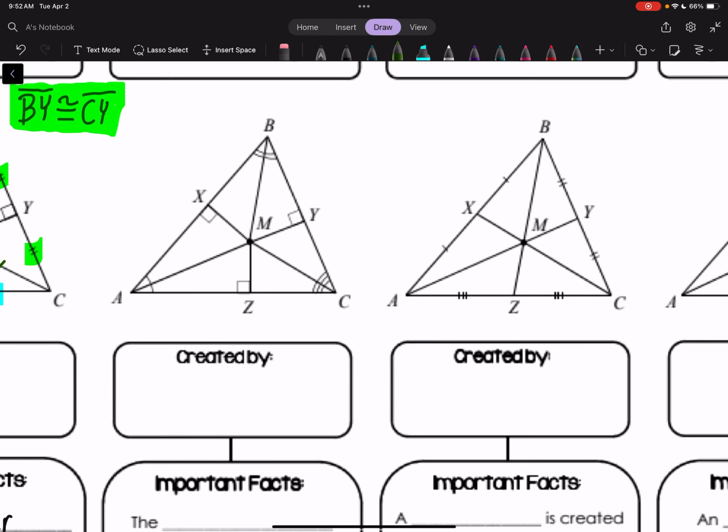You should notice on incenter that you're going to have angles that are congruent. That is to say, angle XAM is congruent to ZAM.